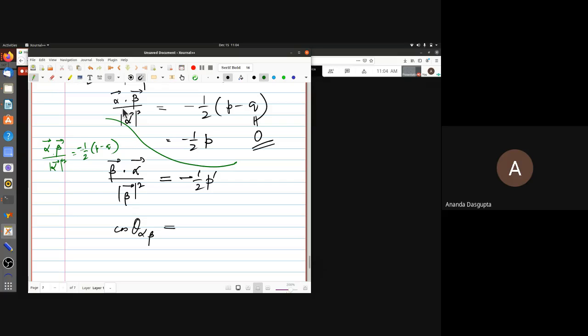I'm claiming that this tells me something specific about simple roots, which this equation did not tell me. This equation, of course, was valid for all roots. This one, only for simple roots. Yes, it's very simple. What does it tell you about the angle between alpha and beta?